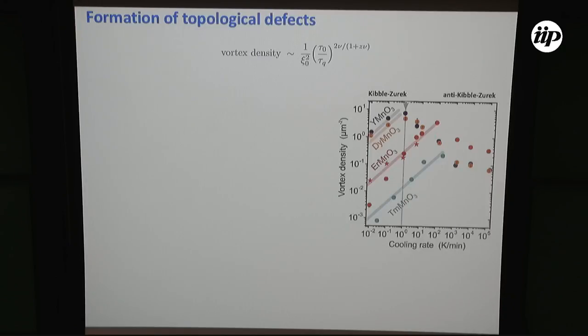The question is, which exponents do we use in this formula? Because in general, there are two values for these critical exponents. If the fluctuations are Gaussian, we are in the mean field regime, and we have one set of values.